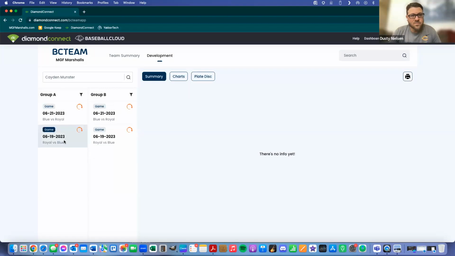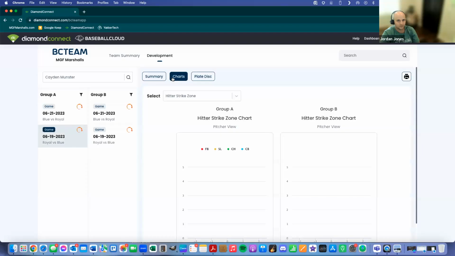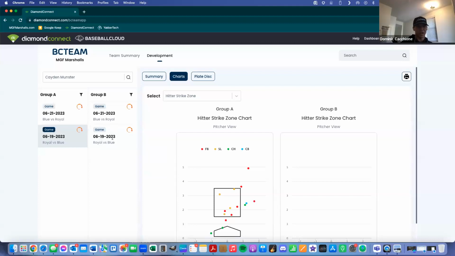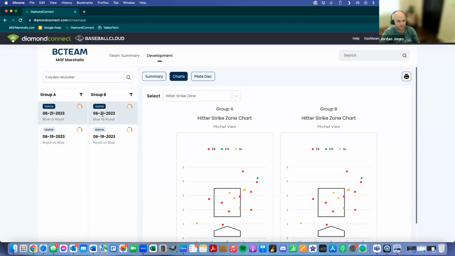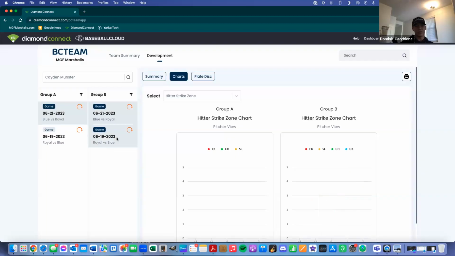So for a hitter, let's see. How do I get rid of that? Click the top one on group B. Yeah, you have to compare two. Just the two days that I have picked. So to compare a hitter, I think that's who I've got, Caden Munster. Yeah, you're selected on the 2 similar games right now.